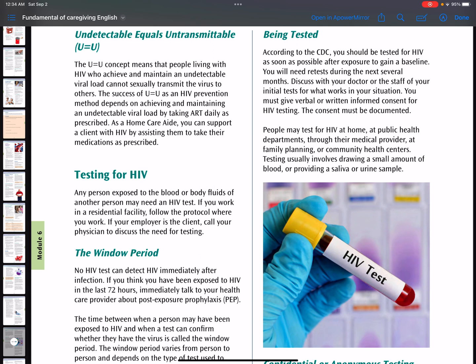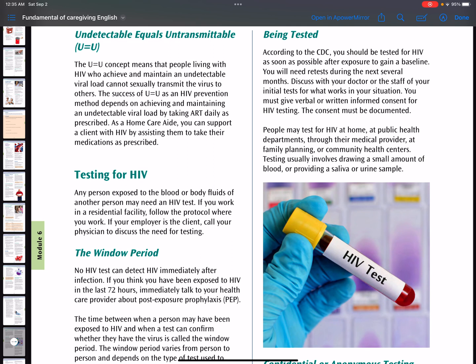It can be as short as 10 days or up to 3 months. According to the CDC, you should be tested for HIV as soon as possible after exposure. You must give verbal or written informed consent for HIV testing. Testing can be either confidential or anonymous.